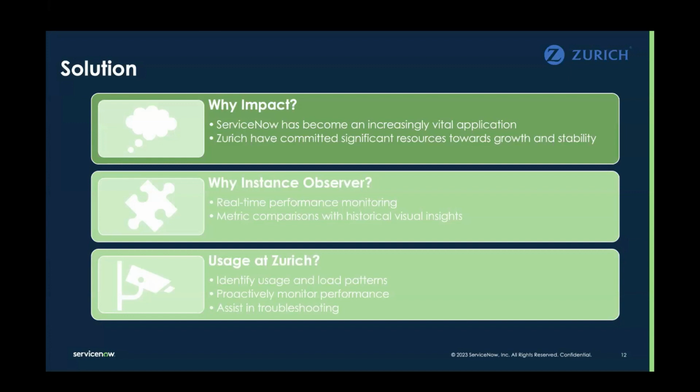Yeah, Instance Observer is not only available for the production instance, but as you mentioned before, we do utilize it to monitor basically all of our instances, and that's just managed by a simple configuration on the site. Whenever we have new plugins that are requested to be installed, our process is to initially do so on a sandbox instance, and then once things are at a comfortable level, we'll progress on to installing on our sub-production instances and eventually to production.